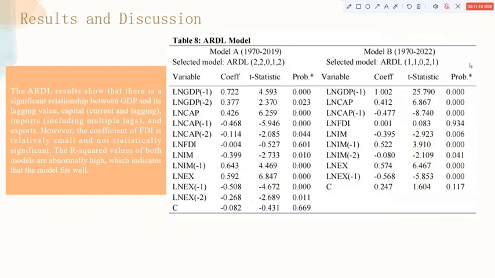This part is the ARDL results. It shows that there is a significant relationship between GDP and its lag value, capital, imports and exports. However, the coefficient of FDI is relatively small and not statistically significant. The R-square values of both models are abnormally high, which indicates that the models fit well.